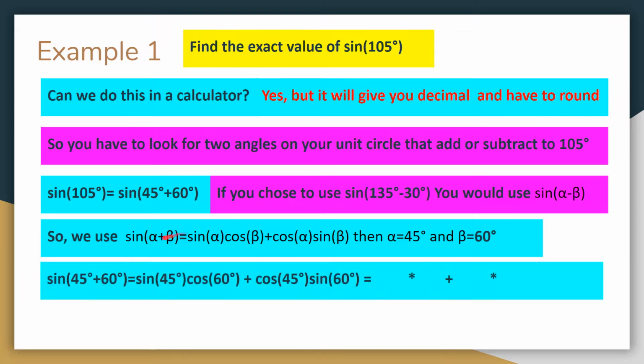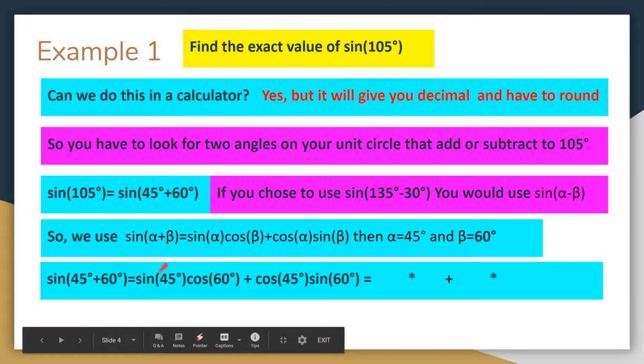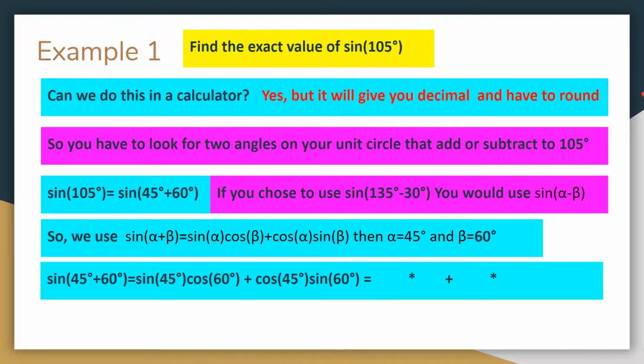So what I have is the sine of 45 plus 60 equals sine 45 cosine 60 plus cosine 45 sine 60. Now we just fill in what we know. The sine of 45 is root 2 over 2 times the cosine of 60 is 1/2 plus cosine 45 is root 2 over 2. Sine 60 is root 3 over 2.